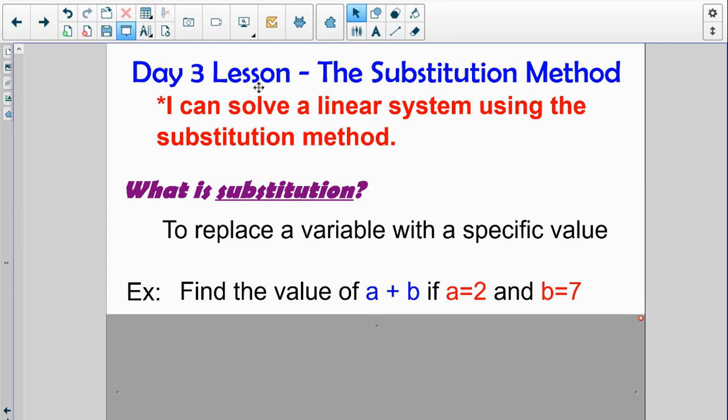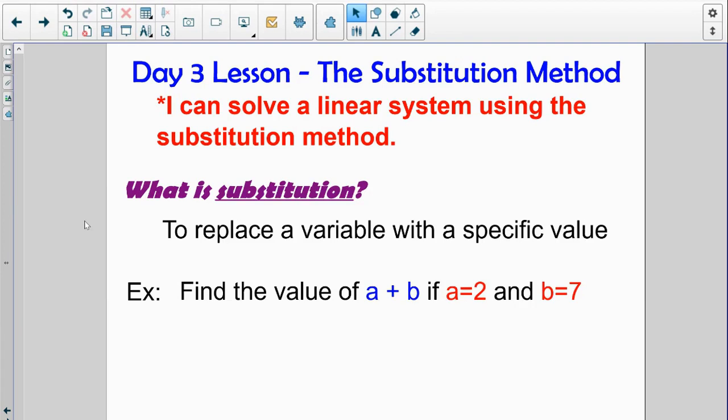So as an example here, if we want to find the value of a plus b, we need to know the values of a and b to do that. So if we know that a equals 2 and b equals 7, for example, we can simplify and find the value. So a plus b would be, let's see, a is 2 and b is 7.